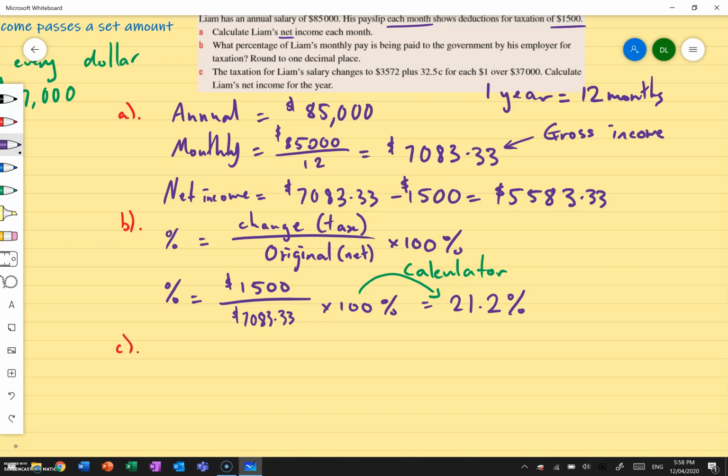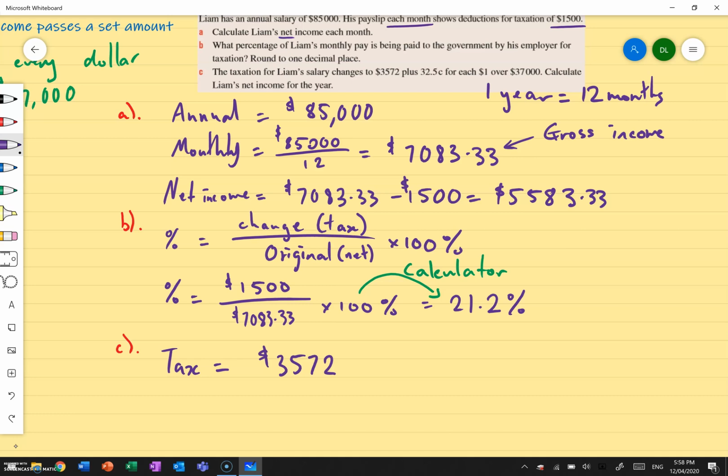So taxation equals 3,572. It doesn't matter how much he earns, he pays that amount. Now, it's saying for every dollar over 37,000, he has to pay 32.5 cents, right?